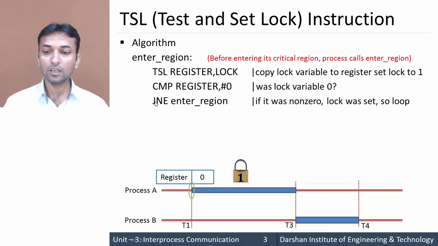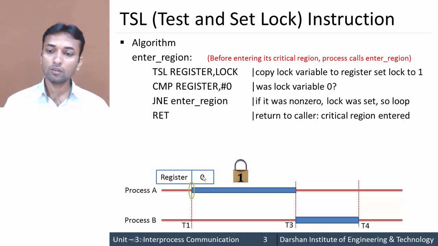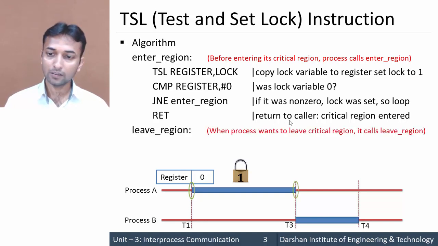Again if the value is not equal to 0, then again. So your process is continuously testing these three instructions and remains in a loop or in a waiting state until the value of the register becomes 0. Now if the value of the register is 0, then that process enters its critical section. So here RET, that is return. So return to caller means the critical section is entered.